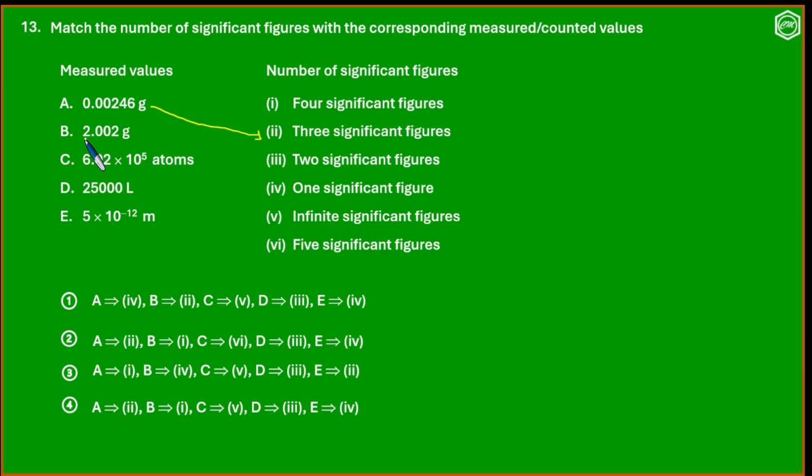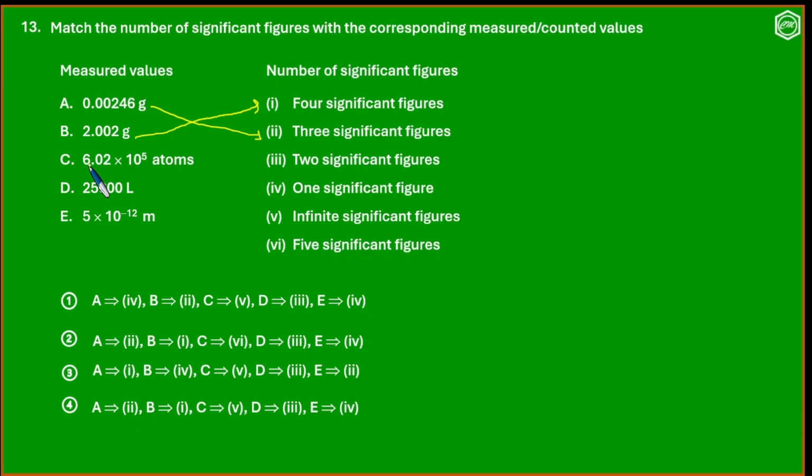Now measured value B, 2.002. Since these two zeros are within two non-zero digits, these two zeros are significant. So total number of significant figures will be 4. So we can connect this to 4 significant figures.